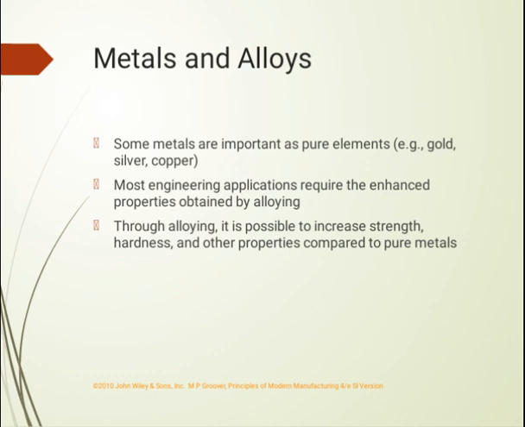Metals and alloys. Some metals are important as pure elements, for example gold, silver and copper. Most engineering applications require the enhanced properties obtained by alloying. It is possible to increase strength, hardness and other properties compared to pure metals.